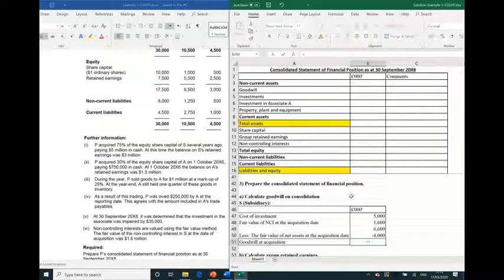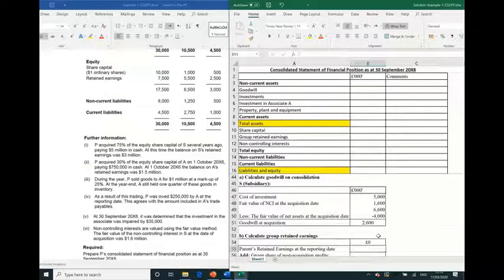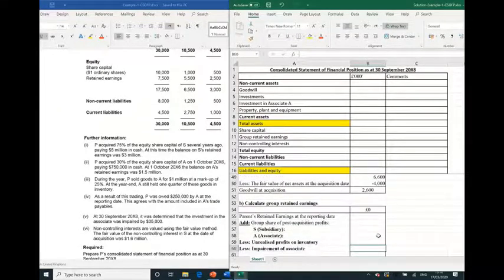Then we have the goodwill at acquisition date, which will be the same amount on consolidation. So 2,600,000, because there is no goodwill impairment in this example.